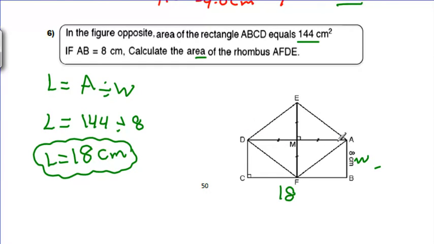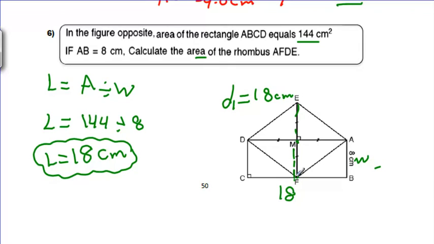So I can call AD as D1. D1 equals 18. Where is D2? D2 is EF. I have FM.